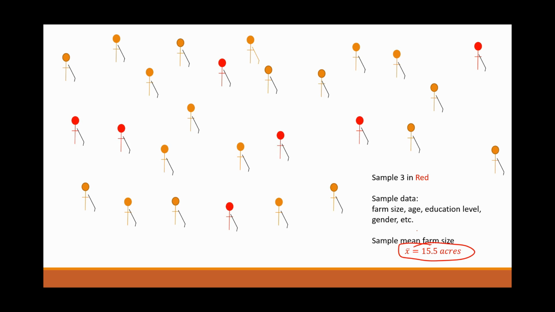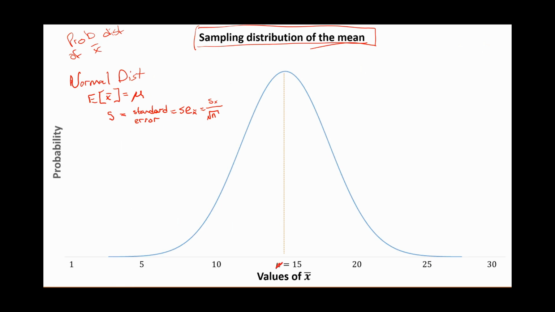All right. So we are going to collect data from a subset of farmers, the red farmers here. And we're going to calculate a sample mean. Let's say that sample mean is 15.5. Now, we don't know what the population mean is, but we do know that the average value of the sample mean is equal to the population mean. What I should do here is cover this up.